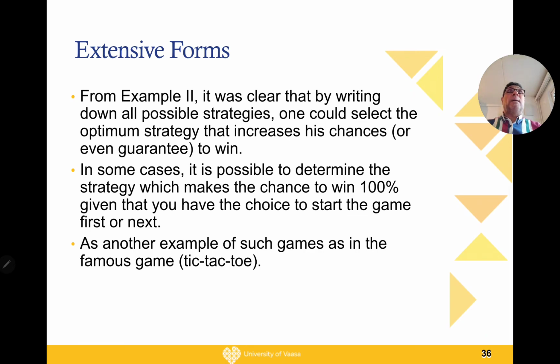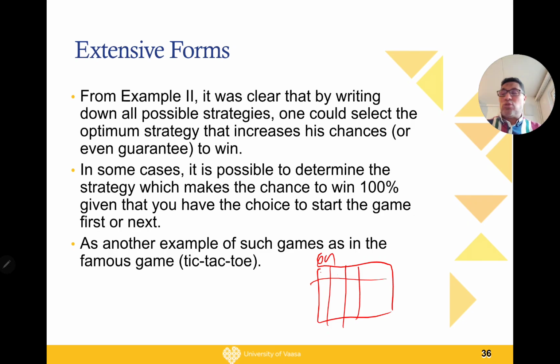However, if we take a game like chess, where we have 64 squares, the number of strategies for both players, if you play this, then if you play that, and so on, is huge. If you could put this in extensive form, the number of options is more than the number of atoms on Earth.